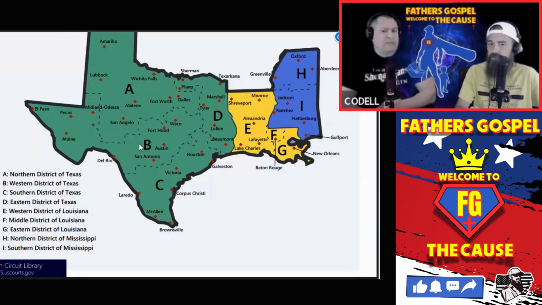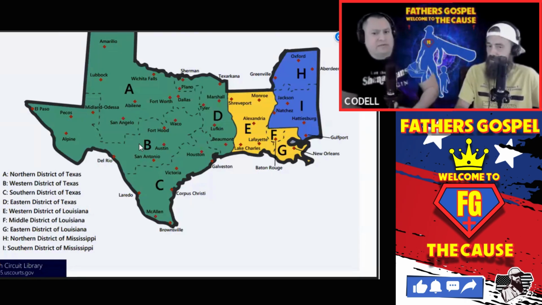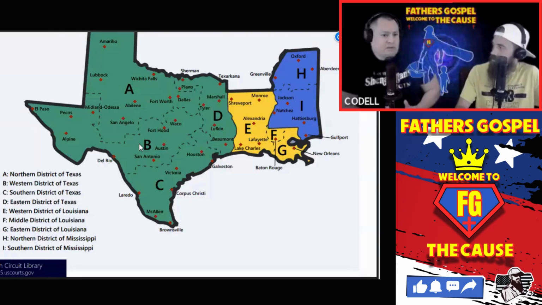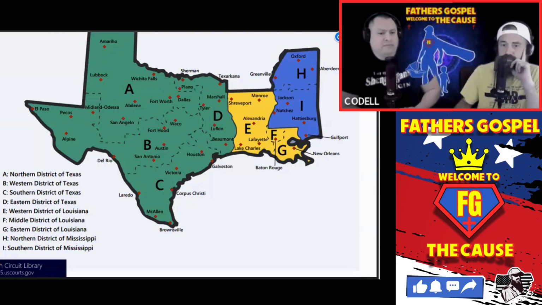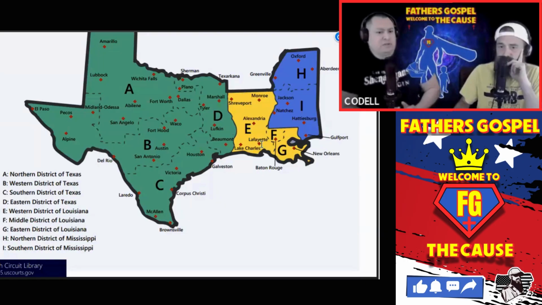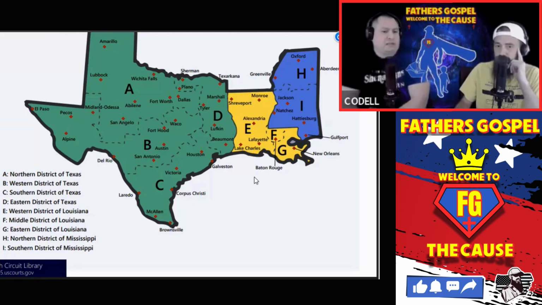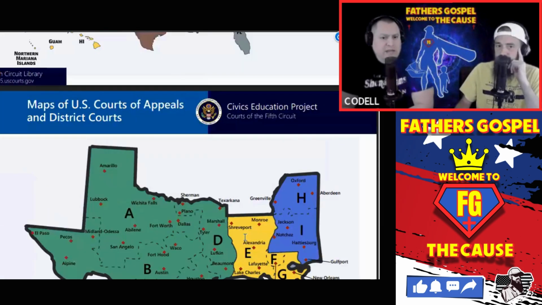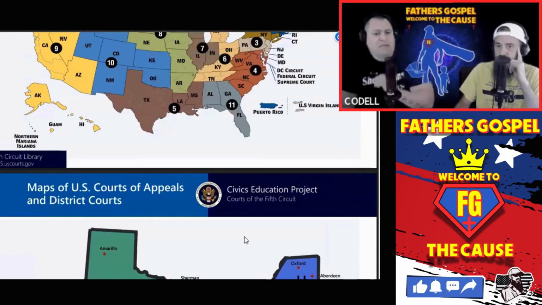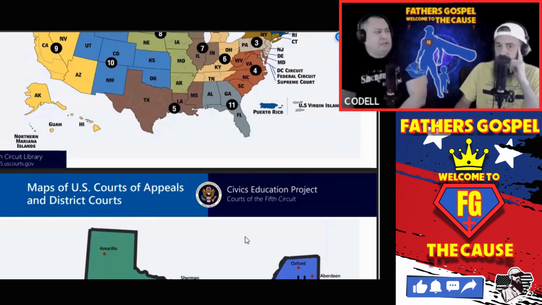Like for this one, Lafayette's in E district, and that's the Western District of Louisiana. So there's a distinguishing thing: what part of the state it is, Eastern, Western, and what part of the whole circuit it is. So it's key that you differentiate Texas, Louisiana, Mississippi. But overall that example is in the Fifth Circuit.